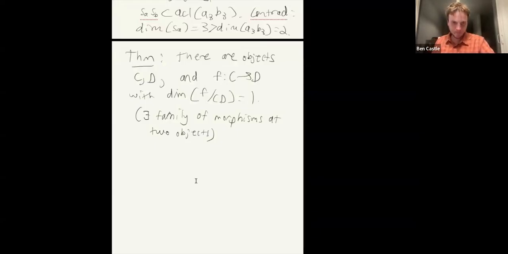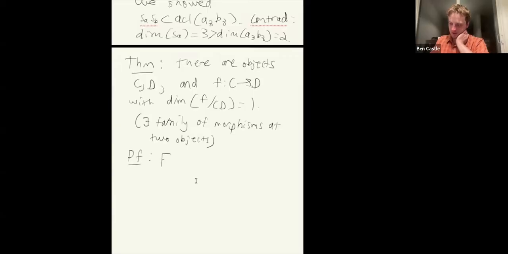Okay. So let's get into that. And I hope you'll see that this crazy weird lemma above is the key to proving this. Okay, so the first thing is we're just going to fix a one-dimensional family of curves.